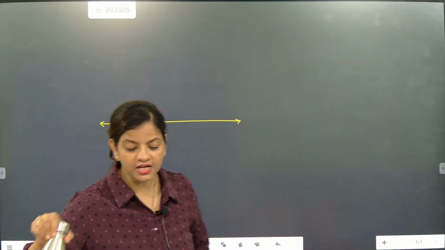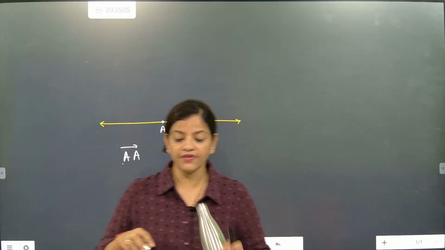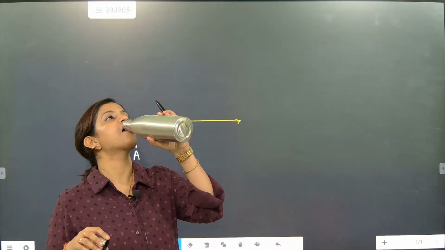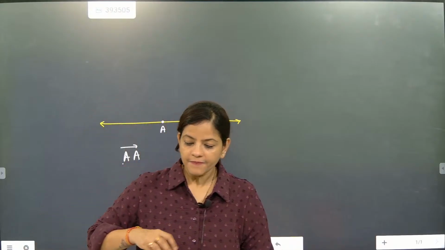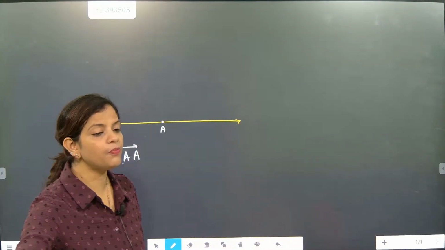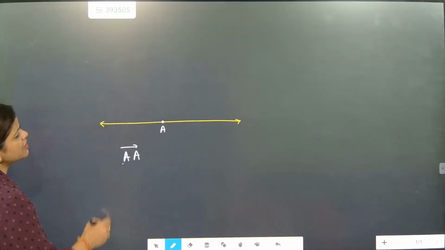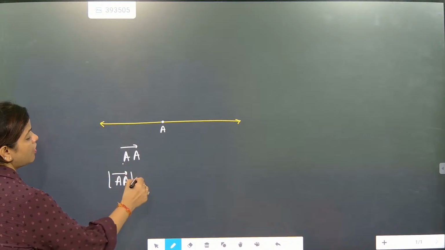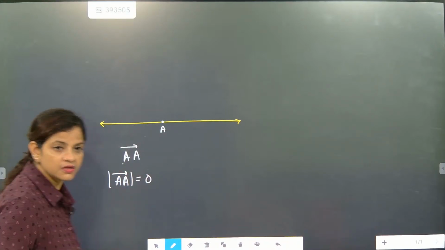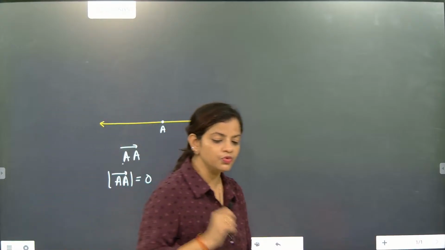So when initial and terminal points are same, what is it considered as? Null vector. Another important point, beta: the null vector's magnitude will always be 0. This is the most important point.